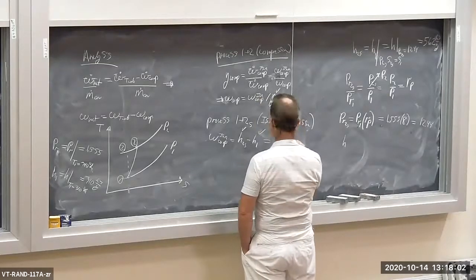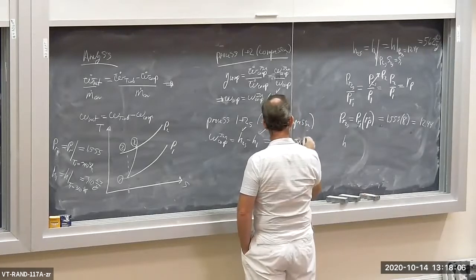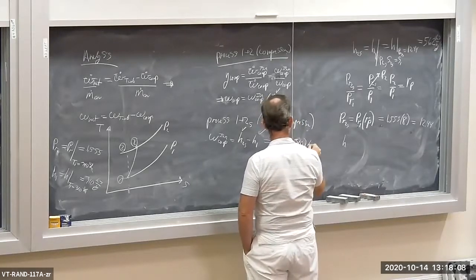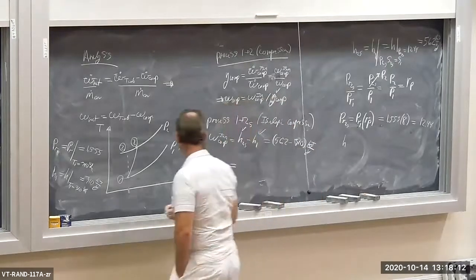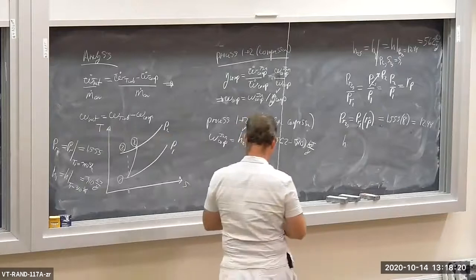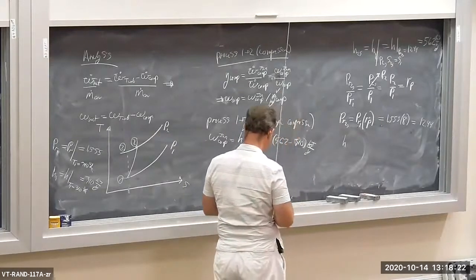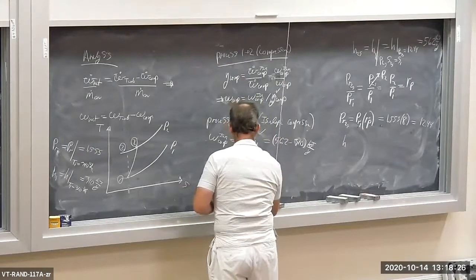Okay, so W isentropic compressor is 562 minus 310 kilojoules per kilogram. And I get an isentropic compressor work per unit mass of 562 minus 310, 222 kilojoules per kilogram.